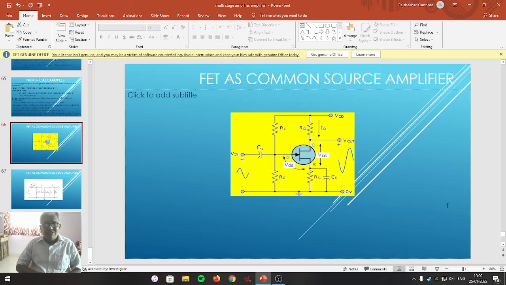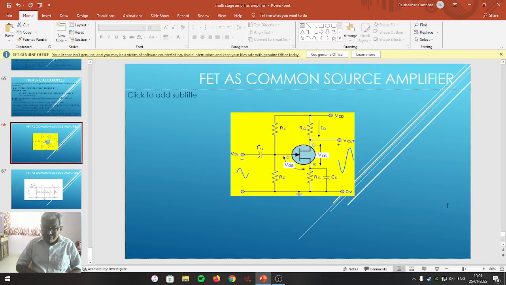We also studied that in FET, drain current is controlled by gate to source voltage. So that is the reason why FET is utilized for different applications, and hence it is a voltage controlled device or a field controlled device.